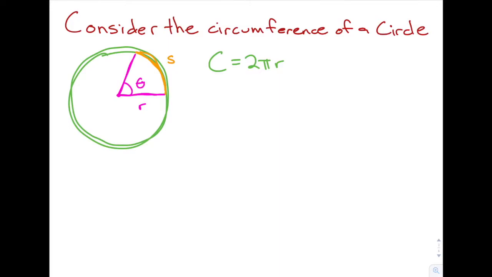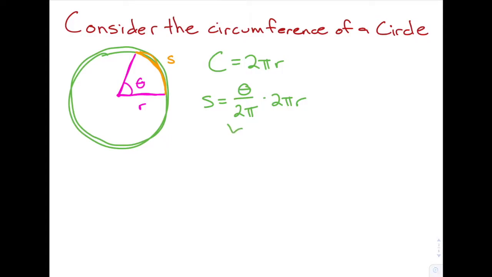Now, if we want an equation for s, we can easily find it just by saying, well, we have some theta radians out of 2 pi radians, and we're multiplying it by 2 pi r.